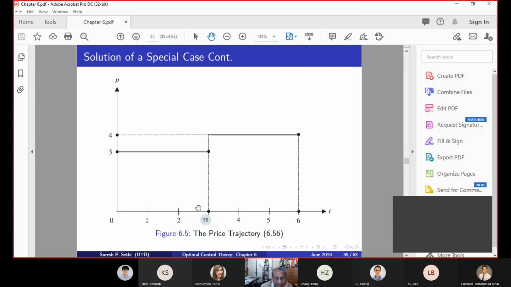This will eat up $1. I only make $1. So if I start buying wheat here and keep it until here, it costs me more money than what I gain. So clearly no reason to buy before 1. Right. So that's one part.